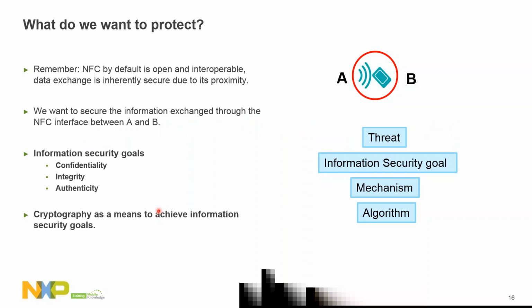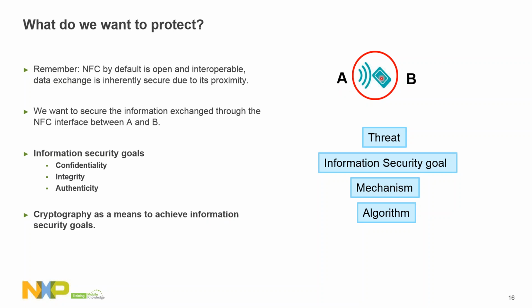Here is where we shall start considering adding enhanced security measures to our system. And as a very first key point, we need to identify what it is that we want to protect. And in this case, it's very clear: the data exchange through the NFC interface between A and B.